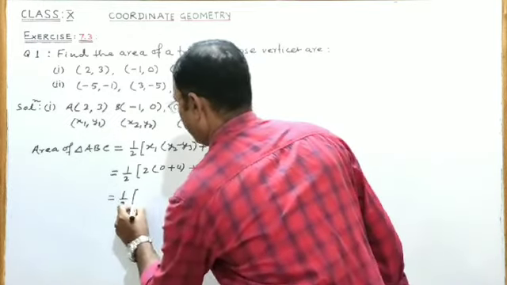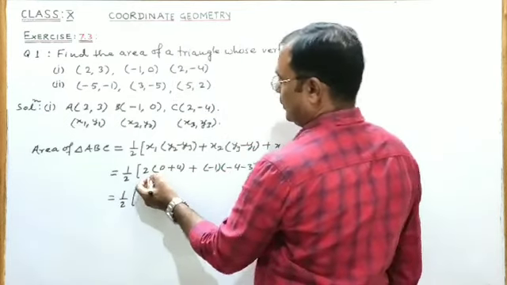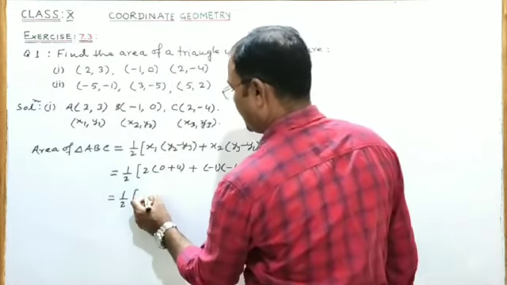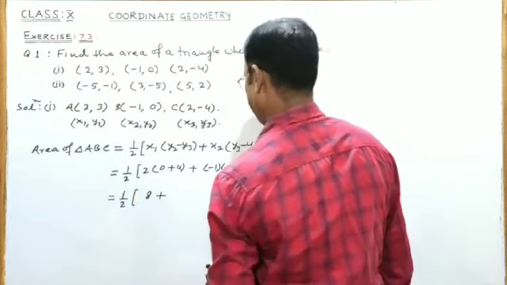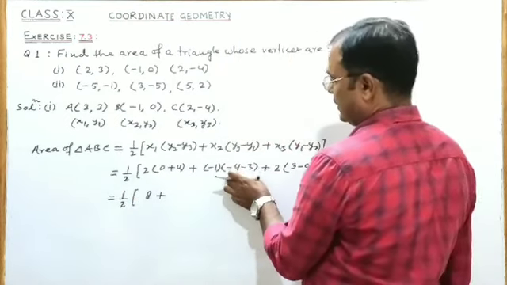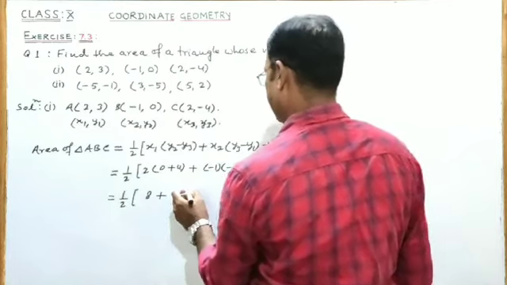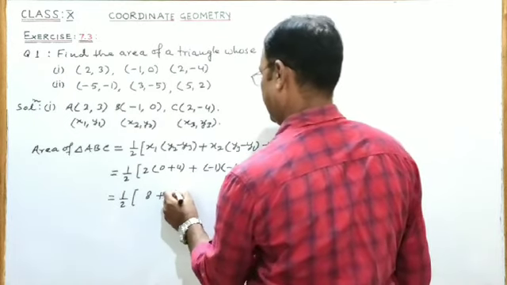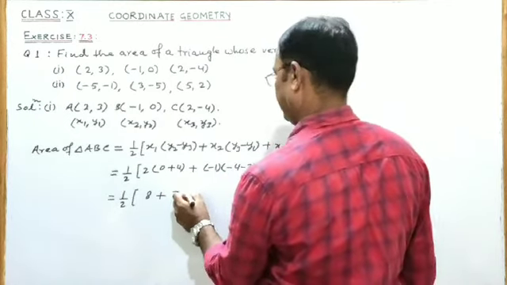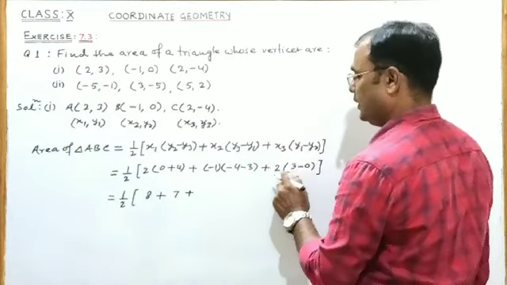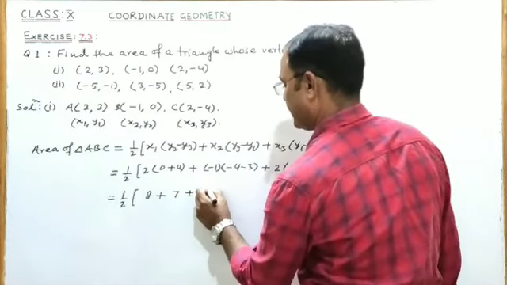So this is half into 2 into 4, 8, plus minus 1 into minus 7, that is 7, plus 2 into 3, 6.